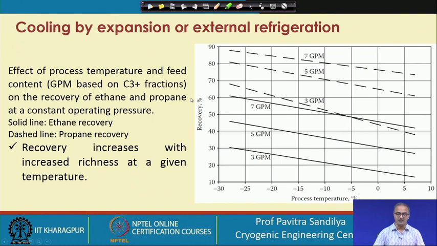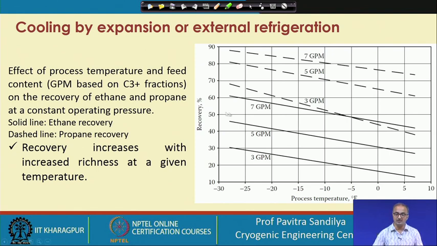In this particular figure, we see how the temperature affects the recovery. Some lines have been drawn over here, and each of these lines represents a different amount of feed content, given in terms of GPM, that is gallons per minute, calculated based on the C3 plus fractions, that is the propane and higher hydrocarbons.